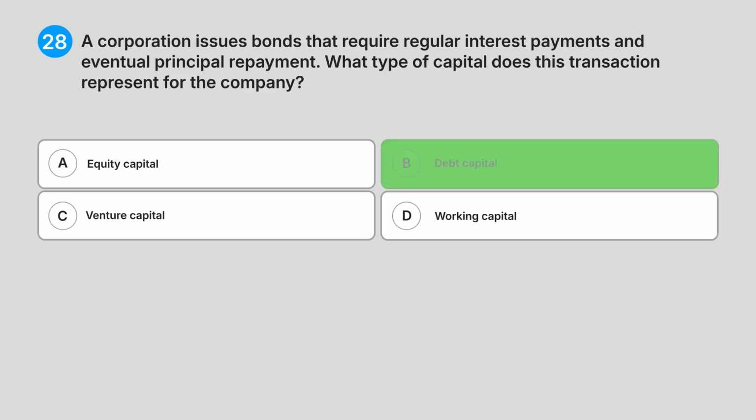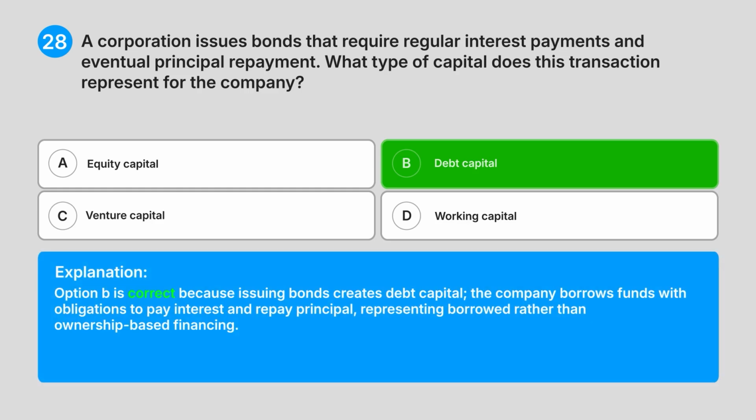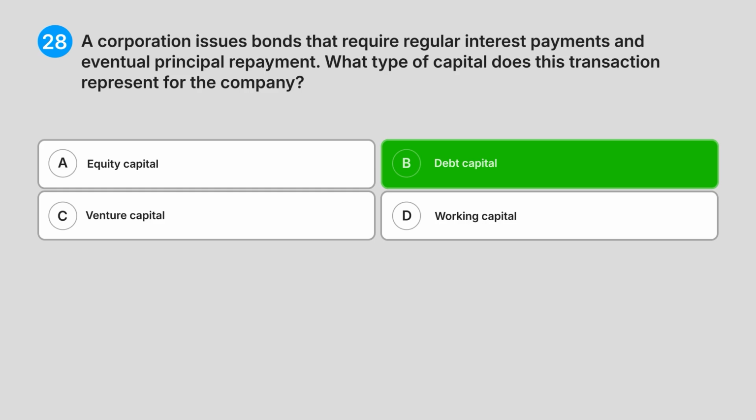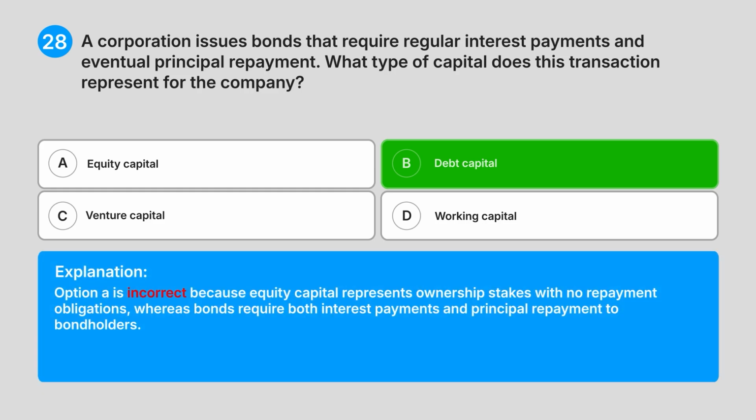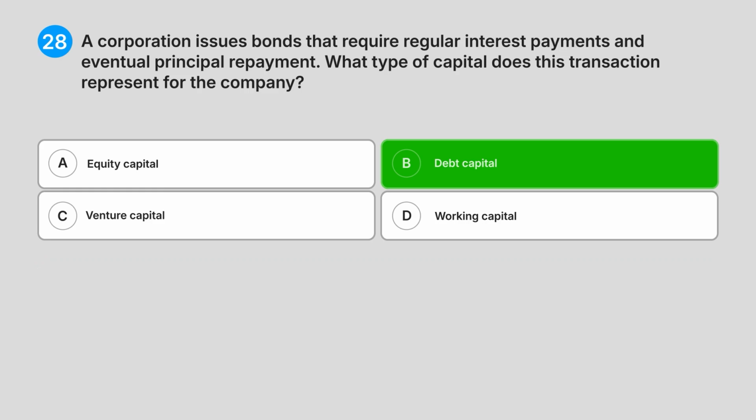Correct answer, B. Debt capital. Explanation: option B is correct because issuing bonds creates debt capital. The company borrows funds with obligations to pay interest and repay principal, representing borrowed rather than ownership-based financing. Option A is incorrect because equity capital represents ownership stakes with no repayment obligations, whereas bonds require both interest payments and principal repayment to bondholders.